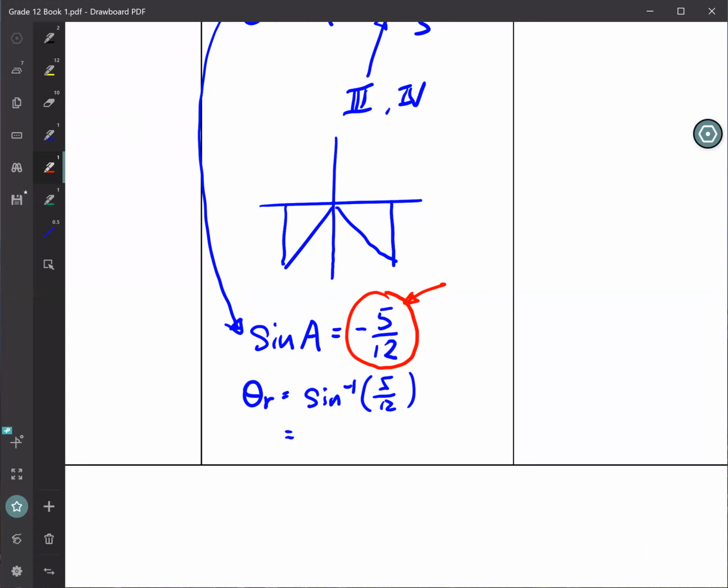What's this thing called? 5/12, is that angle or ratio? Ratio. Ratios, right? It represents the ratios of the sides. So you cannot put degree on top of it. So it's not an angle, so we don't really care about degree or radian for the ratio, okay?